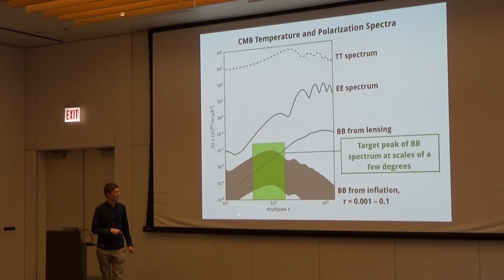So we have angular scale in terms of the spherical harmonic multipole here on the x-axis, and fluctuation power on the y-axis, covering many orders of magnitude, going from the temperature fluctuations all the way up here to the E-mode polarization, which has been detected and fairly well characterized at this point, and then down to B-modes, which is what we're ultimately trying to detect.